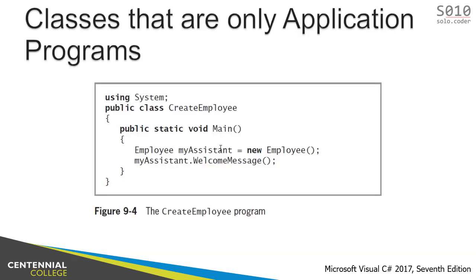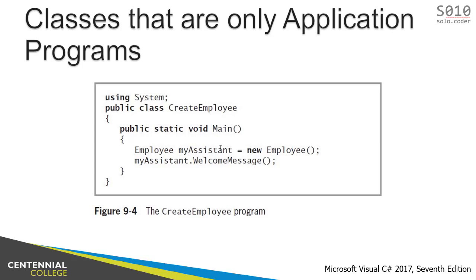Let's have a look here. Look, we have another program here, but this time around, the program name has been changed to CreateEmployee. Again, as I said, you can change the program name. As long as you keep the main method, you can change the name, no problem. But now, we have something new here that we have not seen before.